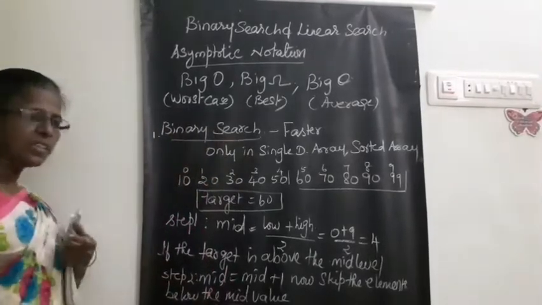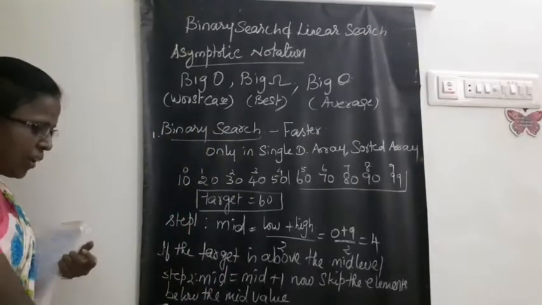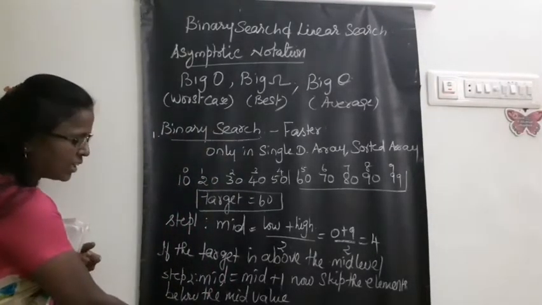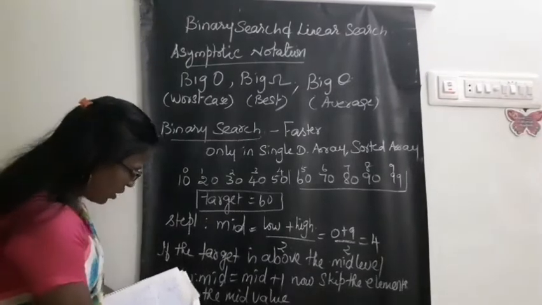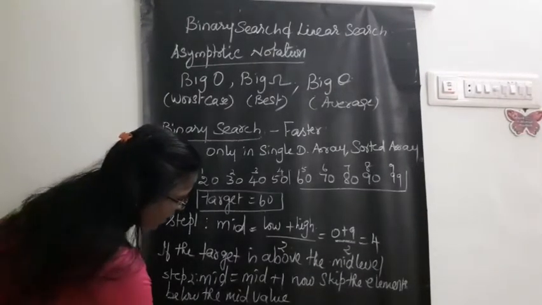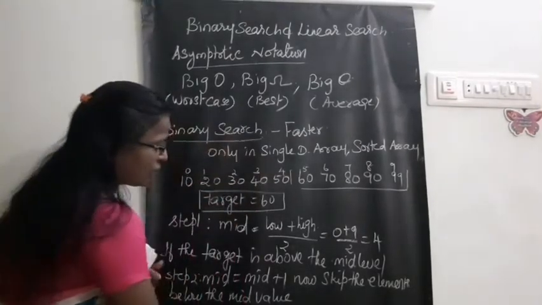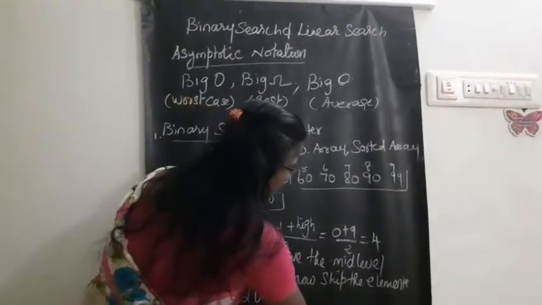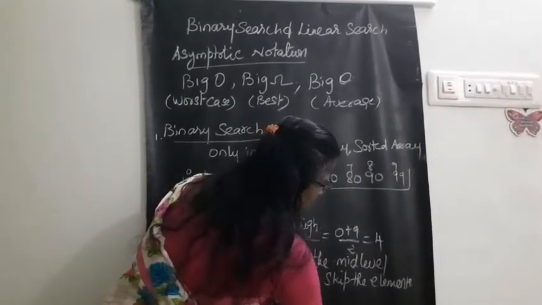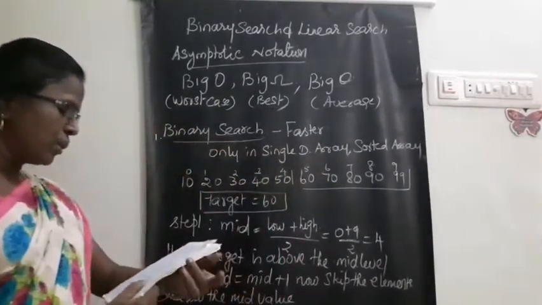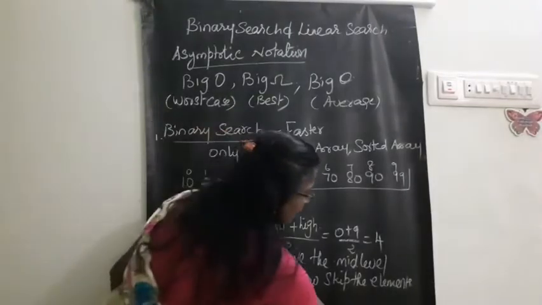Now again find the mid value for this newly arrived array. The indexes are 5, 6, 7, 8, 9. The mid value is 5 plus 9 divided by 2, which is equal to 7.